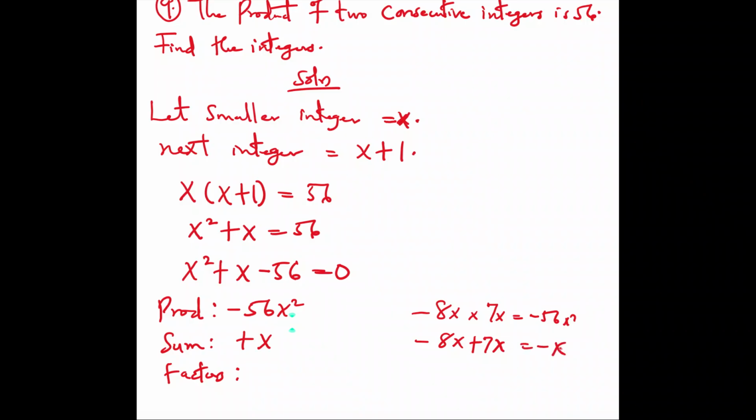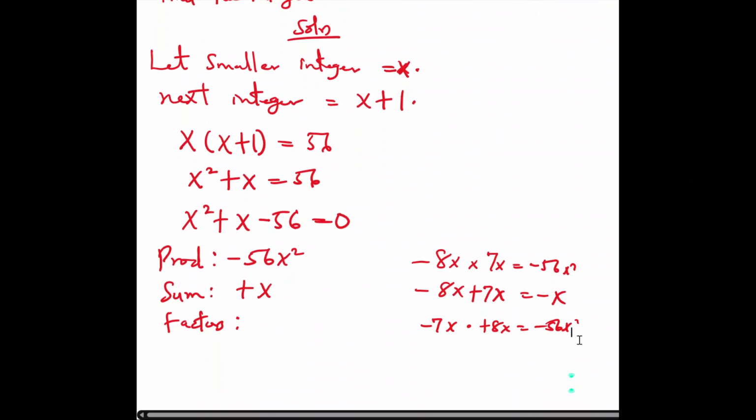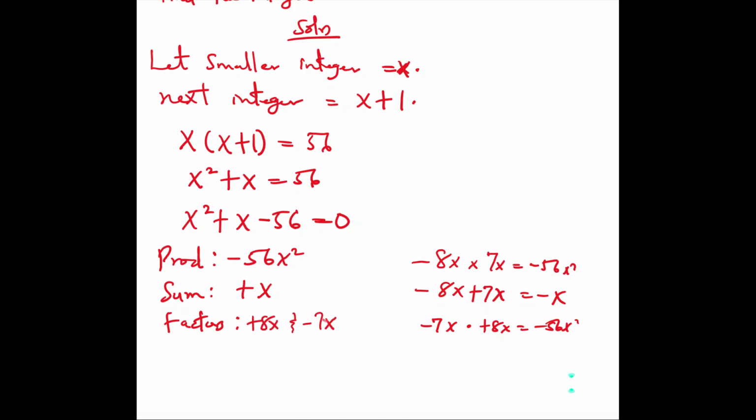But if we do minus 8x plus 7x, we get minus x, and we're looking for plus x. So let's switch the signs. Now let's make it minus 7x times plus 8x. That gives us minus 56x squared, and minus 7x plus 8x gives us plus x. So the factors will be plus 8x and minus 7x.